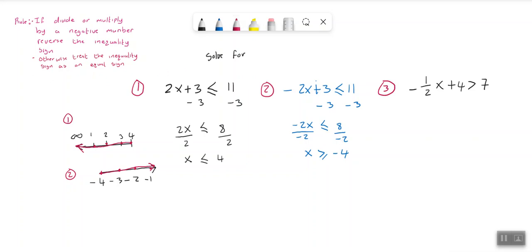And then the last one, so sometimes you might get an inequality that has a fraction in it, so you need to be able to get rid of the fraction. In order to get rid of this fraction, I can multiply by the lowest common multiple, which in this case would be 2. So I can multiply each of these by the common number, the lowest common multiple.